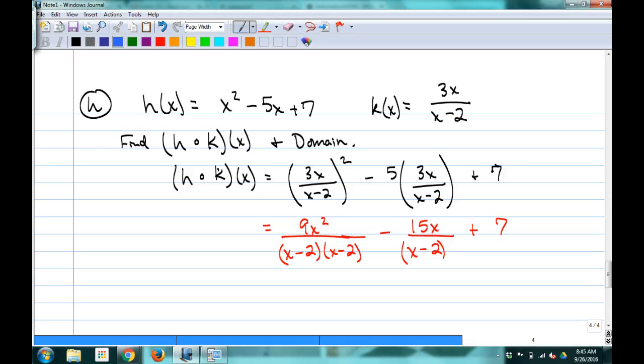What would the common denominator be? x minus 2 and another x minus 2, because the first one's got 2 of them. So that means everybody's got to have 2 of them. So this guy needs another x minus 2. And the 7 needs x minus 2 and x minus 2.